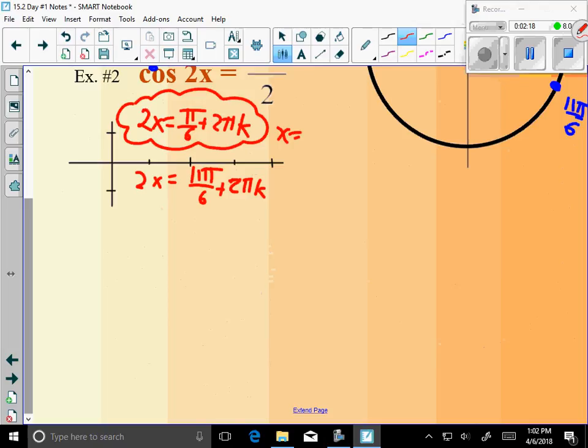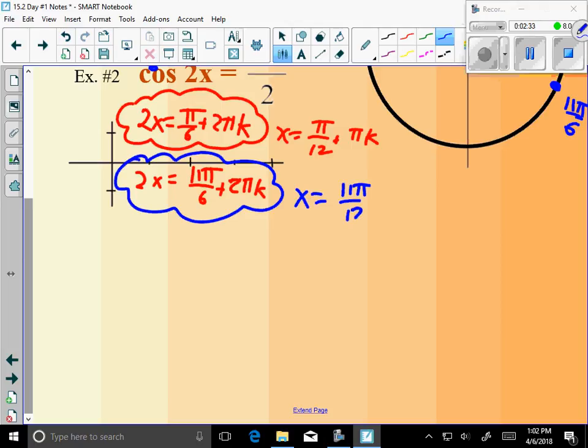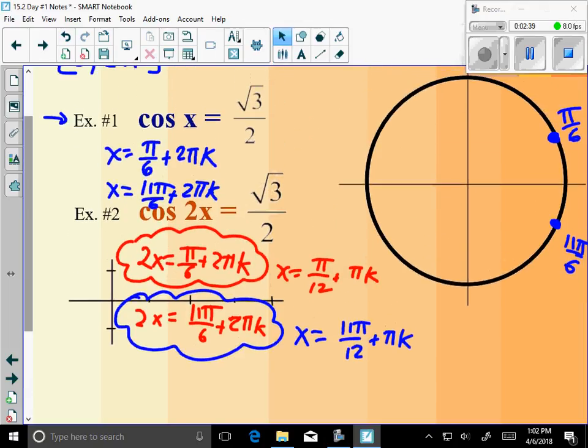X equals pi over what? 12 plus pi k. And this one would yield, go figure, 11 pi over 12 plus pi k. Let's graph those two. Okay, so there are 2 solutions on the first one. Let's find the 4 solutions for the next one.